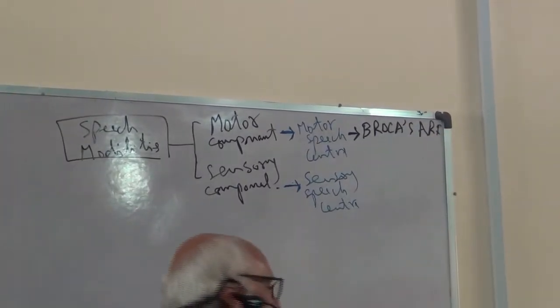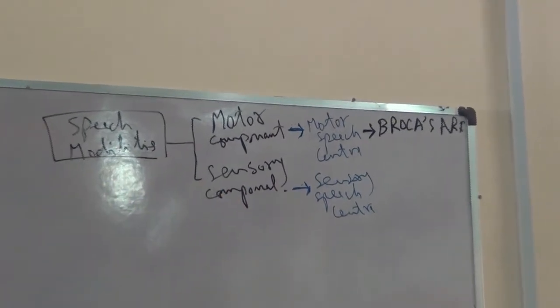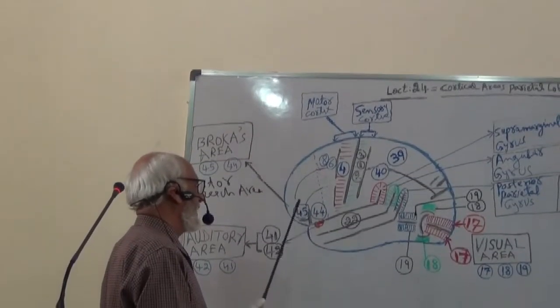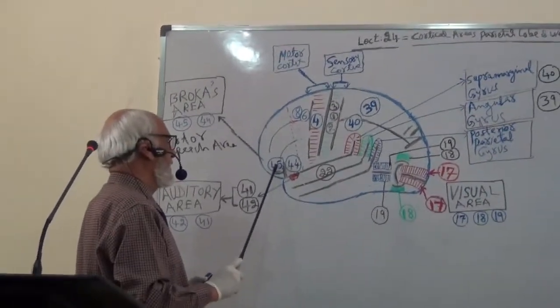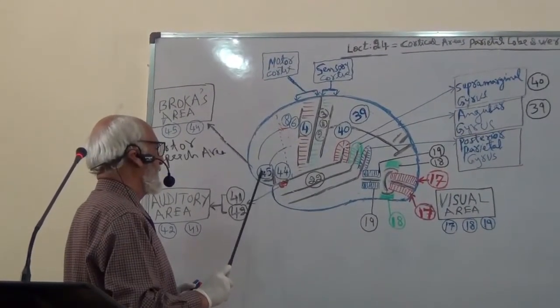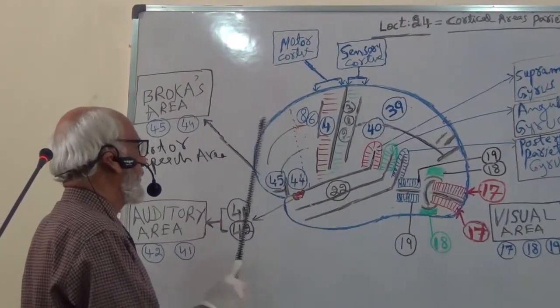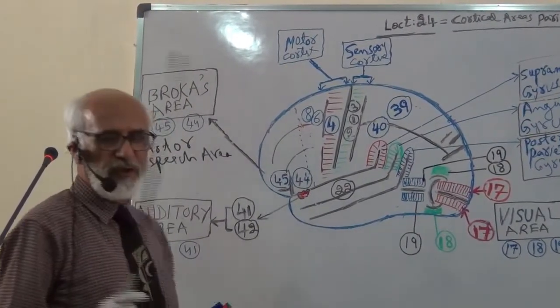Broca's area of the cerebral cortex, area number 44-45. The pars opercularis and pars triangularis, area number 44-45, on the lateral surface of the lower part of the frontal lobe. This is the motor speech area.